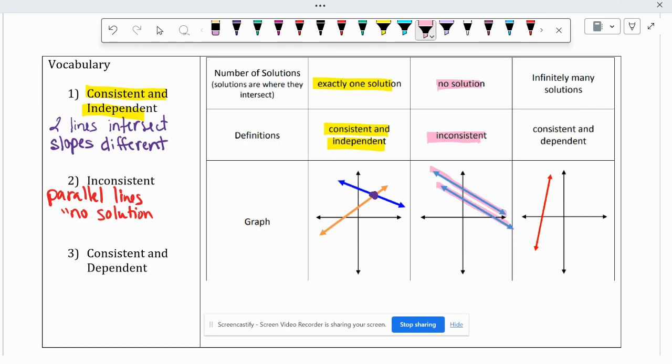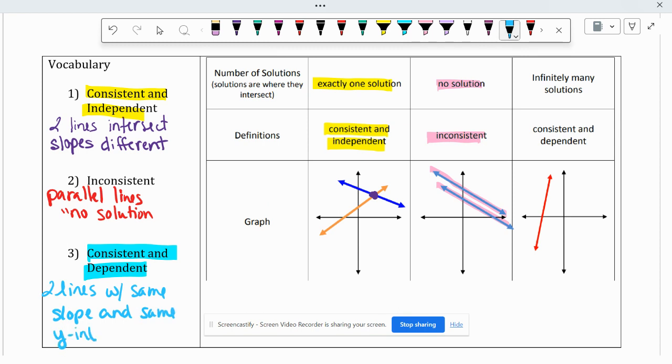And then our last type of system is consistent dependent. For that, you have 2 lines with the same slope and the same y-intercept.